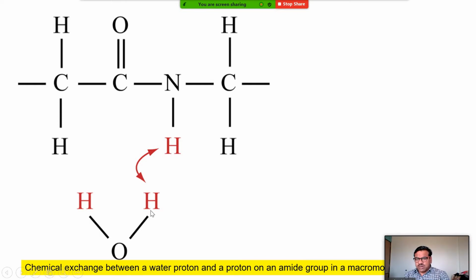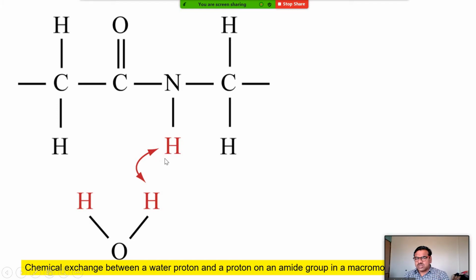Look at this. We have hydrogen with this water molecule and hydrogen with the amide. Now see here, with the help of red color, I have shown that the proton of water and the proton of amide, they get exchanged.